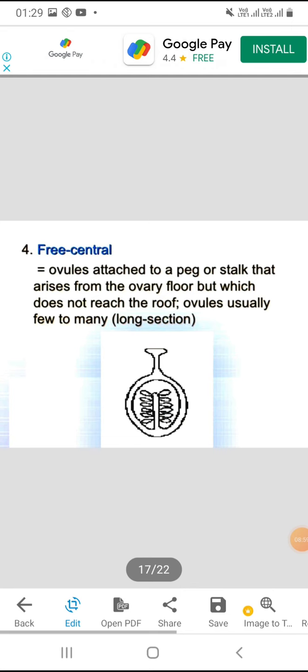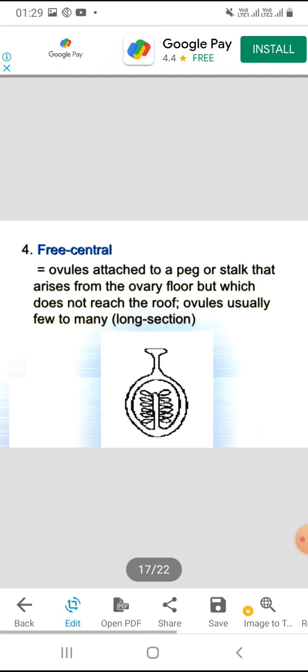Next is free central. In that case, ovules are borne on a central axis which is not attached to the ovary wall. So ovules are attached to a peg, a stalk. Here you can see the stalk that arises from the ovary floor but does not reach the roof.